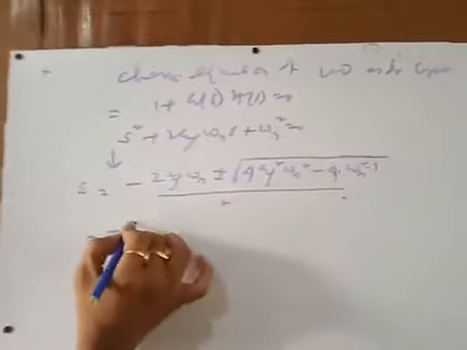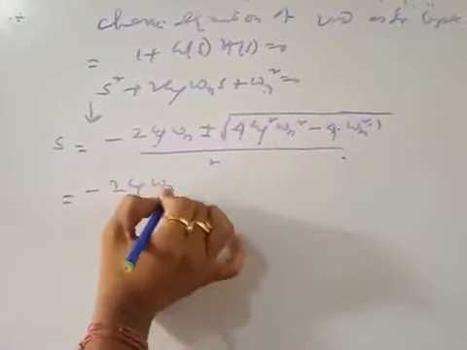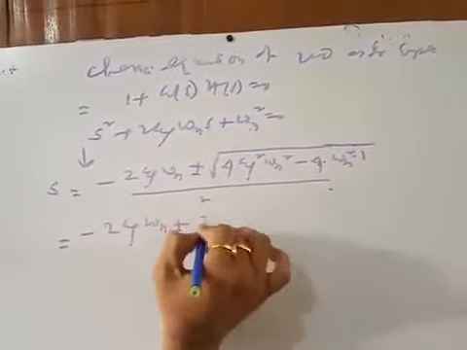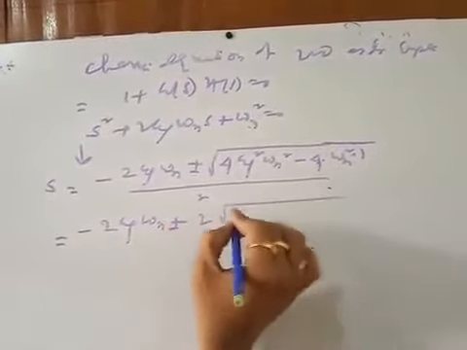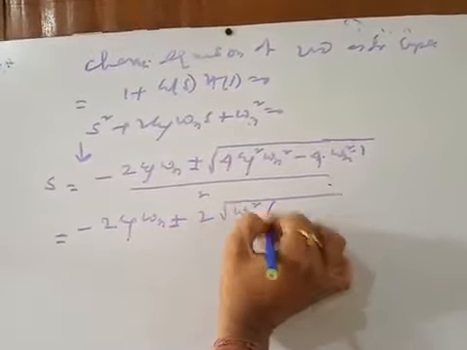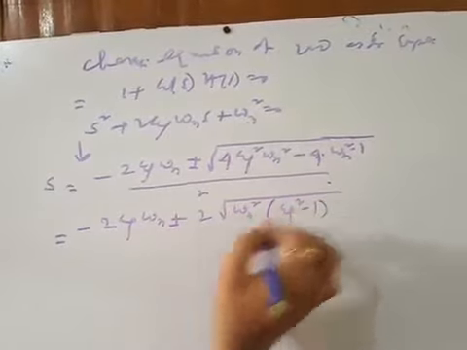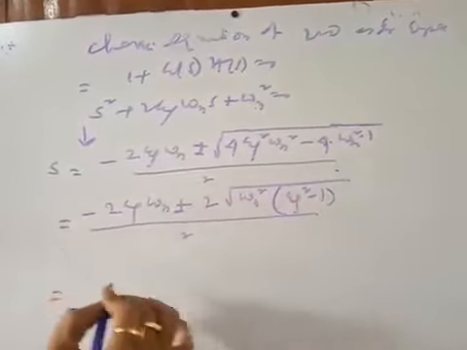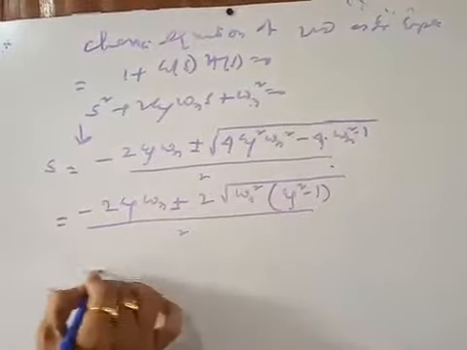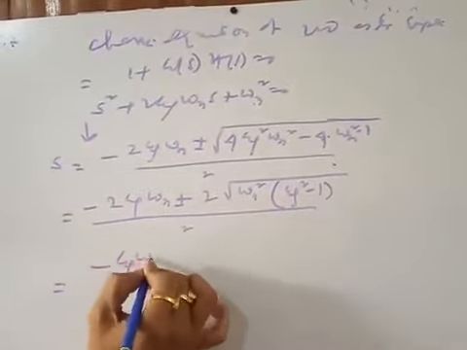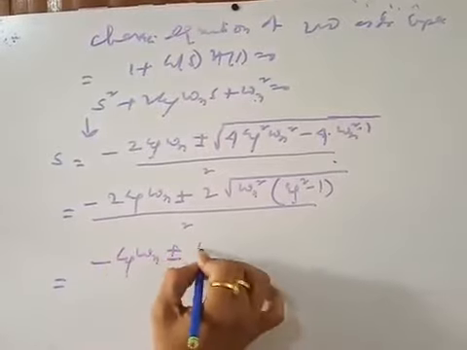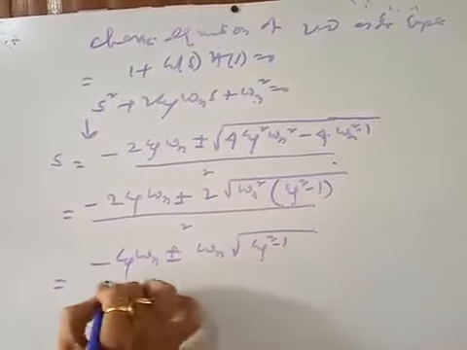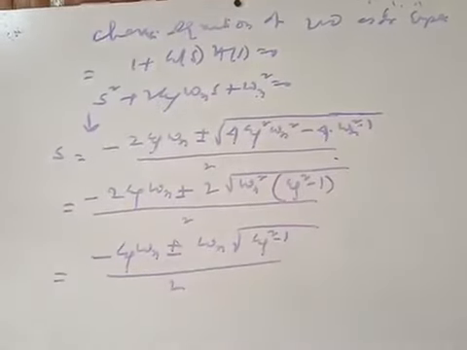That means minus 2 xi omega n plus minus root over 4 xi square omega n square minus 4 omega n square, divided by 2. So you get 2 common out of here. That is your omega n square and xi square minus 1, by 2. So minus xi omega n plus minus omega n root over xi square minus 1, right?